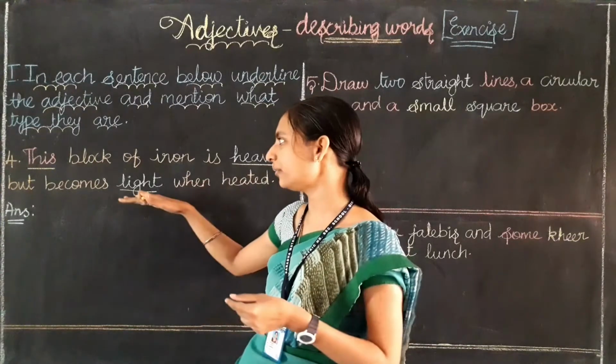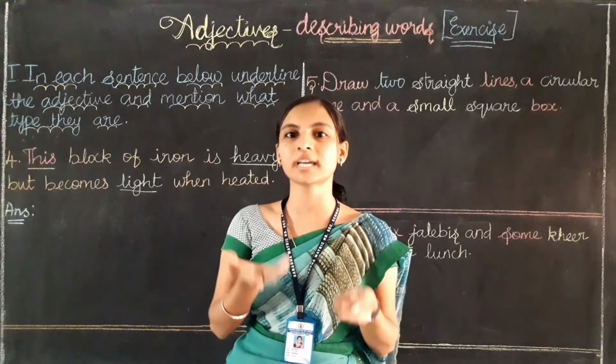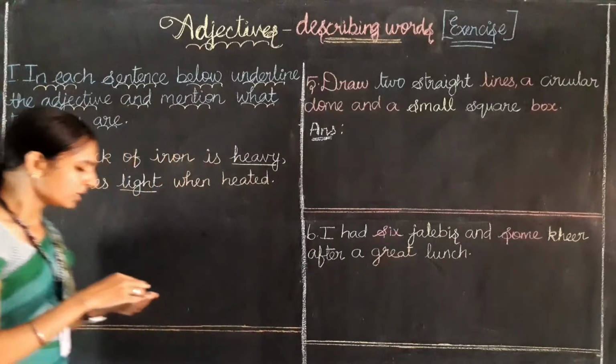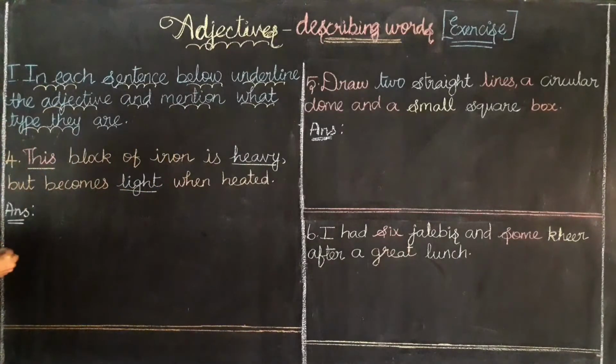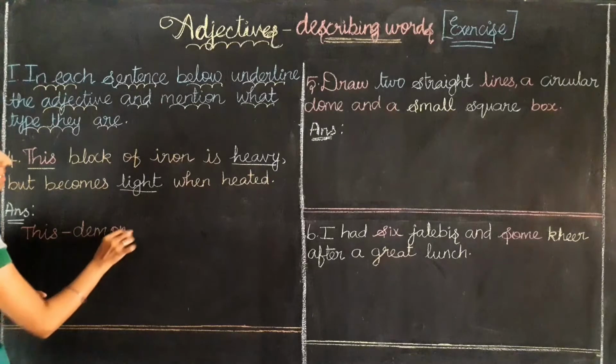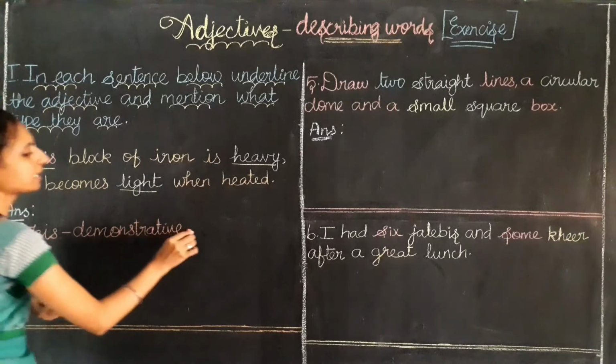Okay. Now we have found the adjectives and we know what type of adjective each is. So now I am going to write out the answer. What is the first word I have written? Yes, this. So this means which kind of adjective, students? Yes, demonstrative adjective.